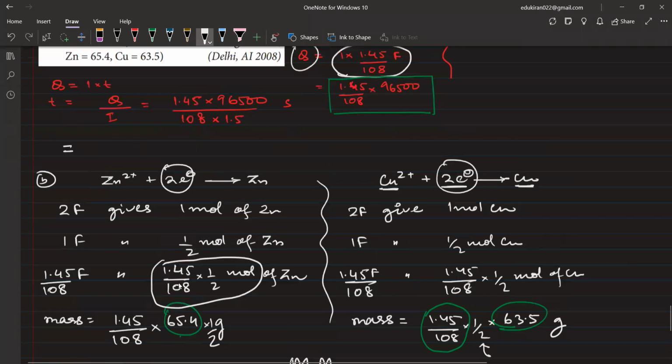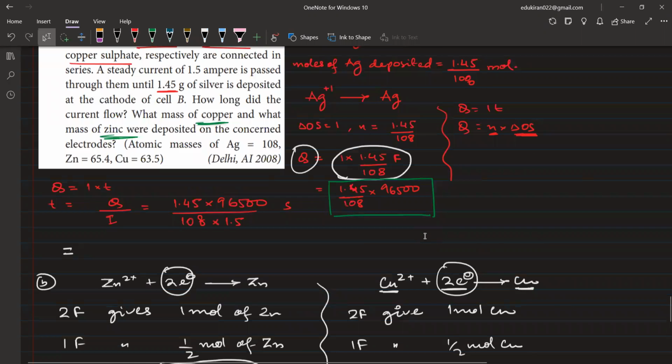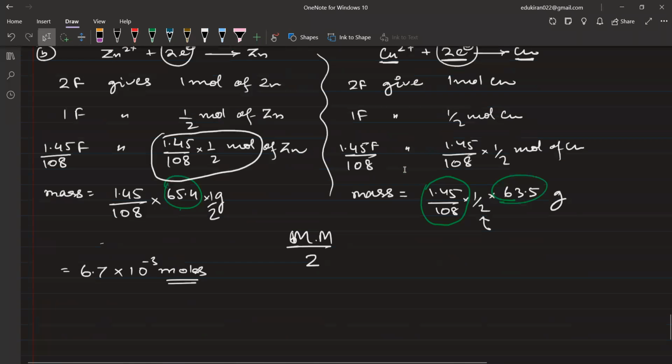If I do the same thing with Ag, I think we calculated the number of moles somewhere. Yeah, 1.45 upon 108. This will be equal to 0.0134.